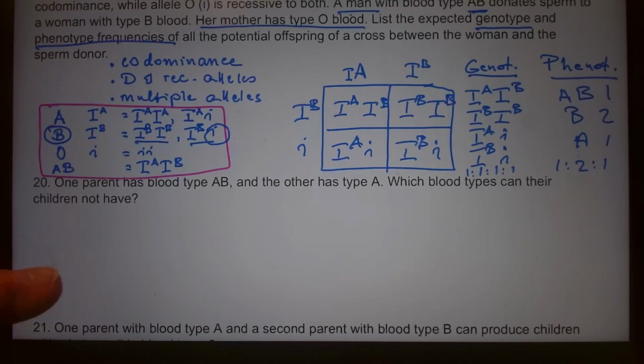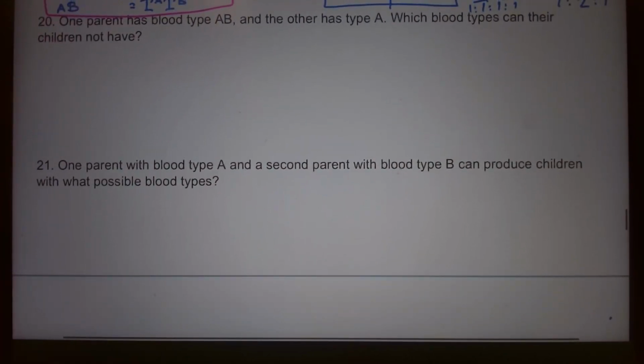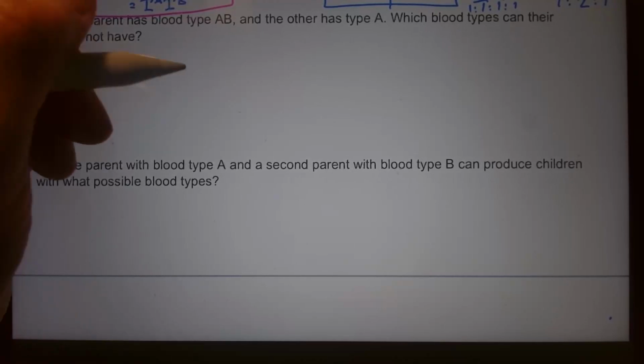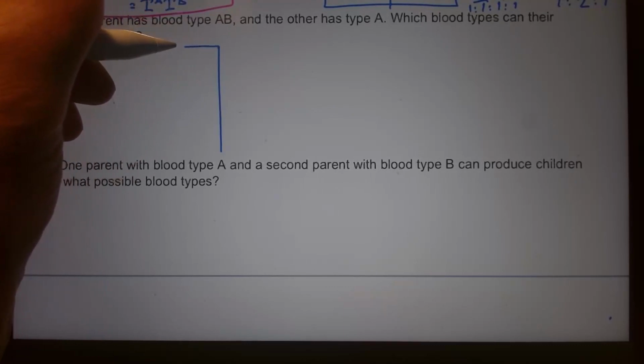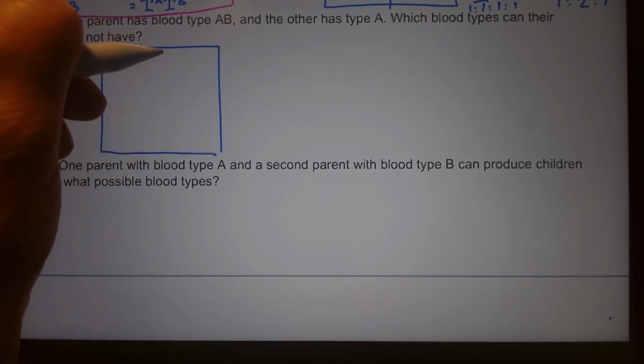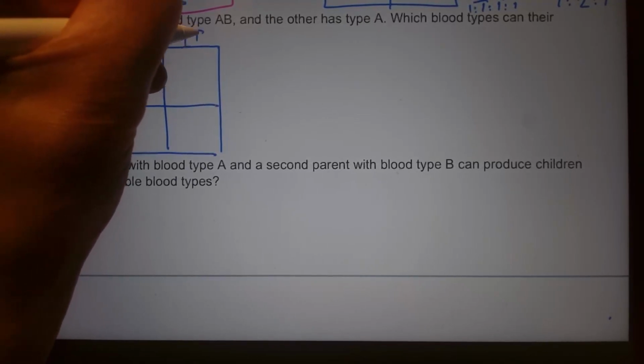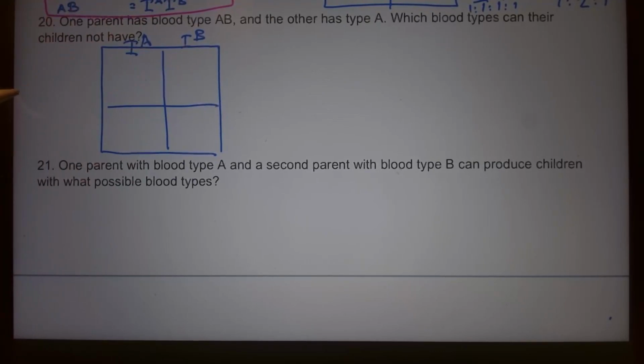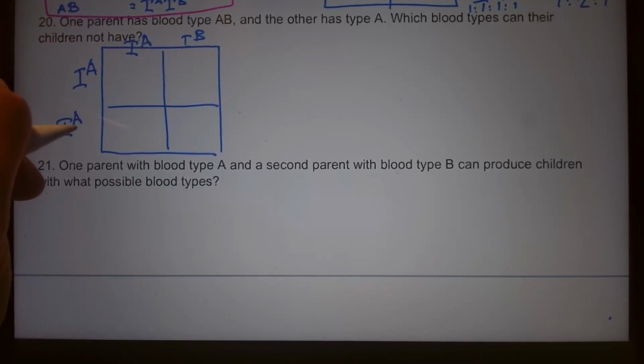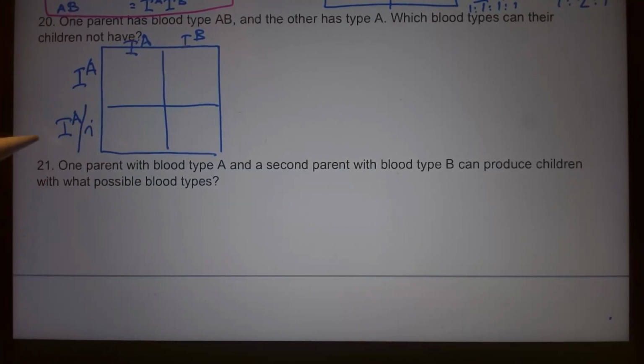Okay, so number 20. One parent has blood type AB. Here is A, here is B, and the other has type A. We know that it has to have I^A, and this can be either capital I or lowercase i.